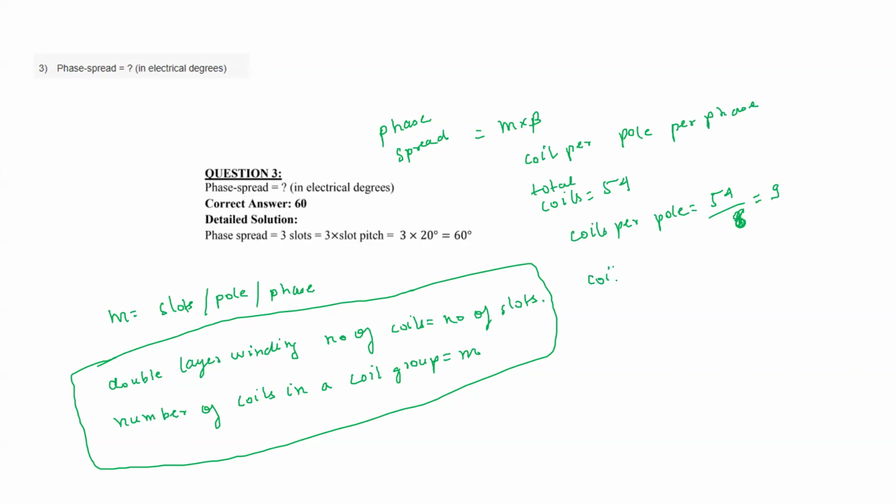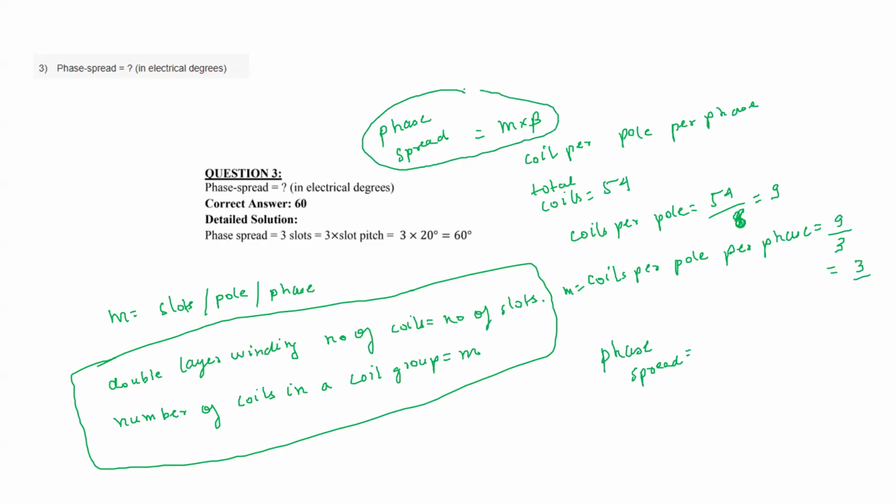Then coils per pole per phase is 9 by 3, because this is a three phase machine, so 3. So M is 3, and beta we have found already, beta is 20 degree. So phase spread is M into beta, which is 3 into 20, a 60-degree phase spread.